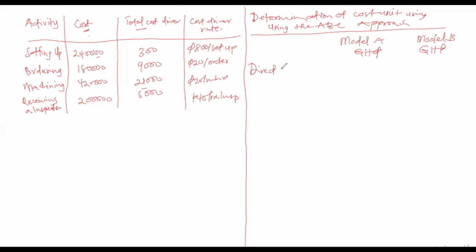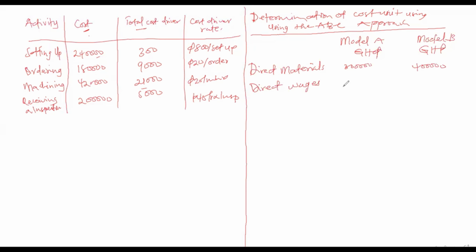So you have the direct materials and the direct wages. This is 300. Then this is 400,000.